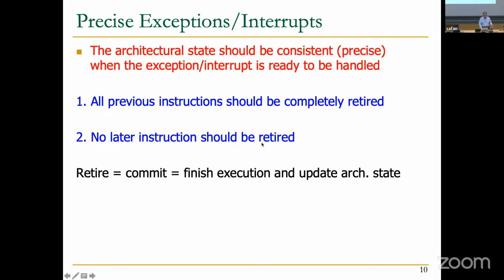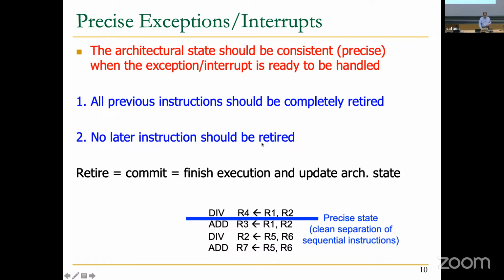When I say retire, it means commit, which also means finish execution and update architectural state. Basically, when we talk about committing instructions, we really mean informing the programmer about the finishing of this instruction. So this is important to take into account. For example, after this division, we need this precise state, with a clean separation of sequential instructions.